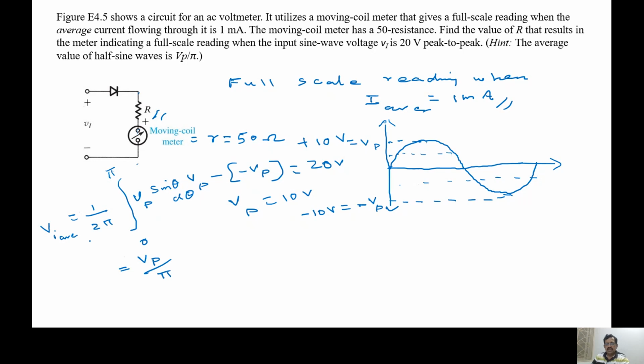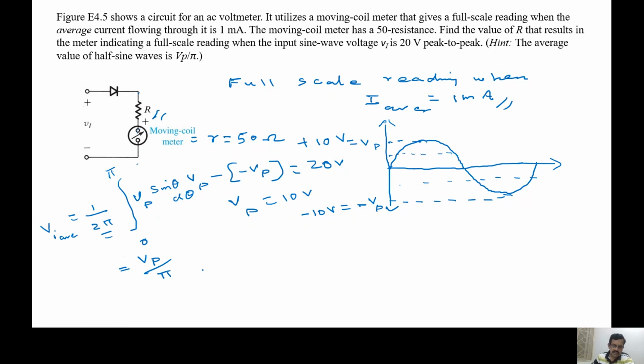There will be a factor of 2 from the integration, and that 2 and the denominator 2 will cancel. So I have to average it over the cycle, that will be 2 pi. When I do that, V average will be equivalent to Vp by pi. So that will be the answer.